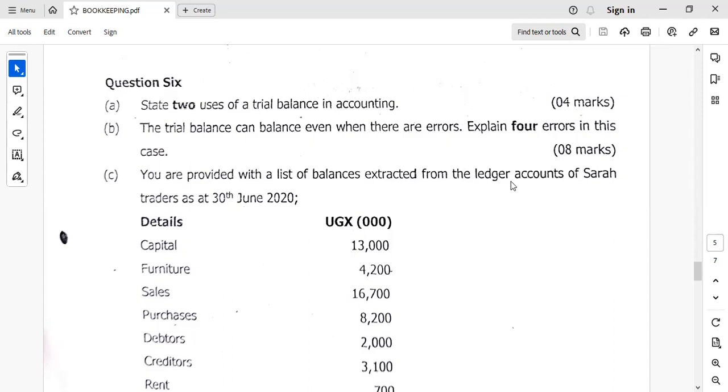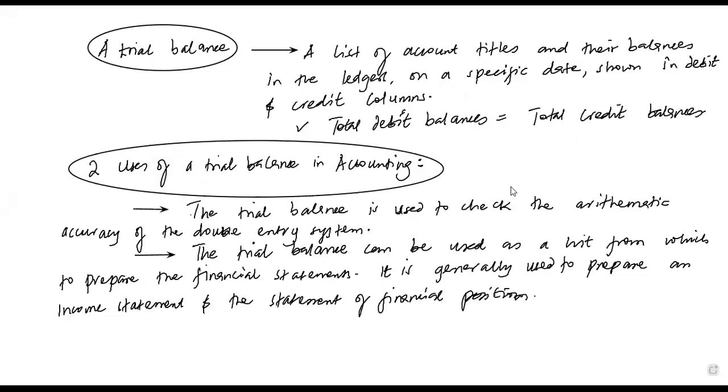So let's look at the errors. Let's try to look at those errors that do not affect the trial balance agreement. Part B of our question: errors not affecting the trial balance agreement.